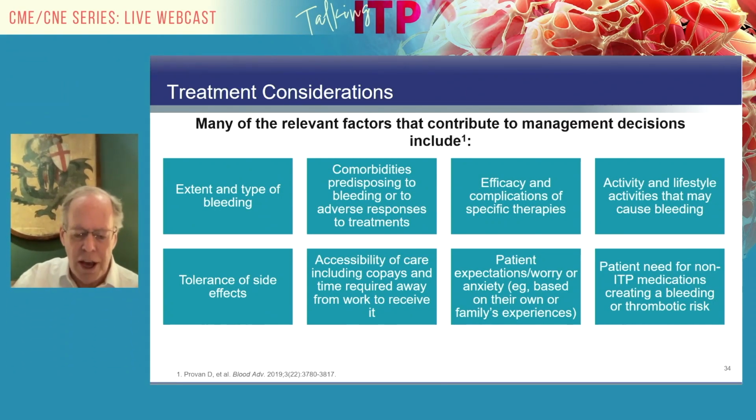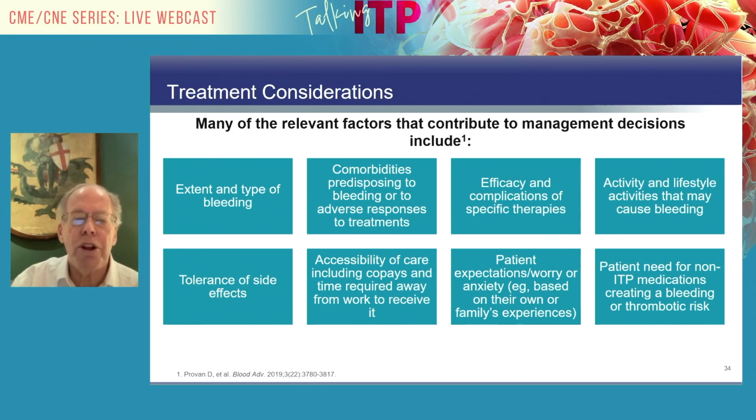The efficacy and complications of specific therapies, activities and lifestyle. If you had somebody whose life was geared to sports or was a professional athlete, or if they worked in construction, you would probably choose a higher threshold. Tolerance of side effects is important.